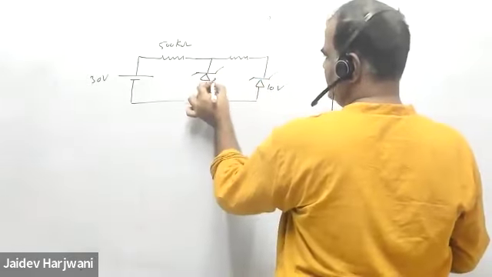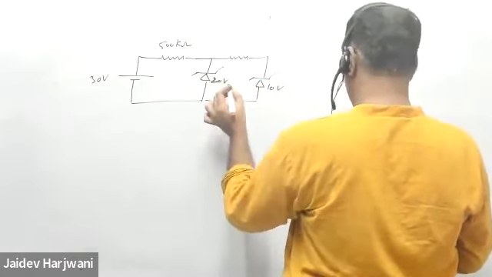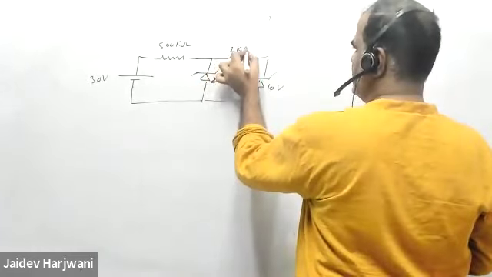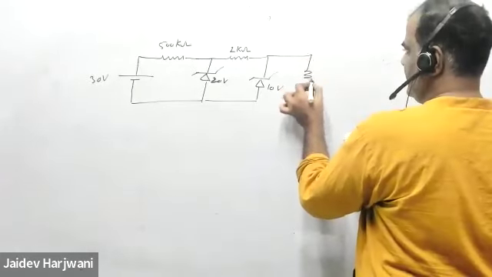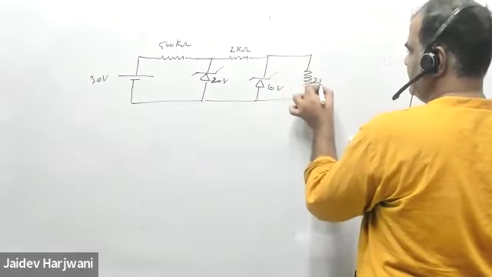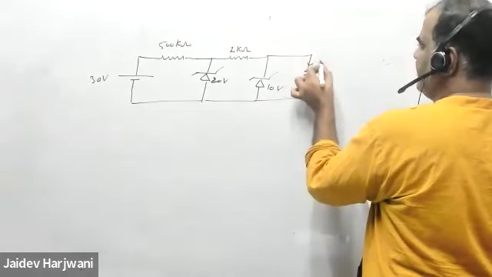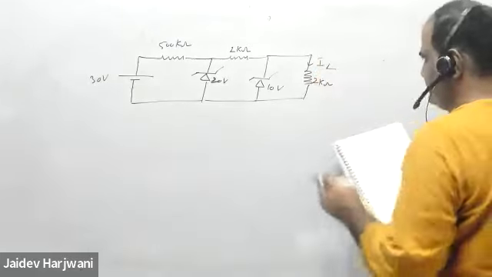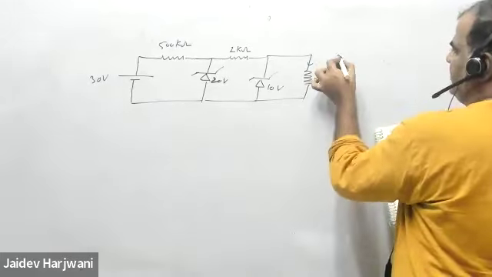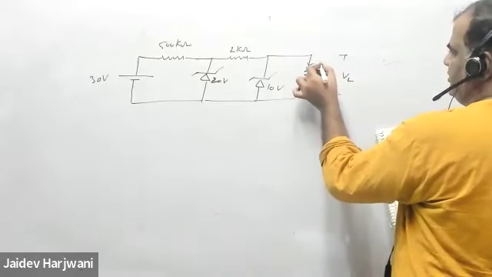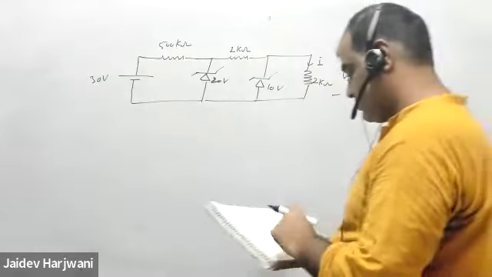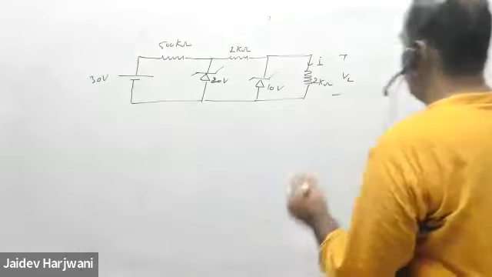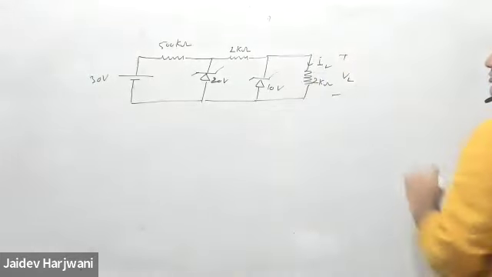This is a 20 volt Zener diode. This is 1 kilo ohm, and this is a 2 kilo ohm resistor. He is asking what is the value of IL and VL in the question. That you need to calculate.